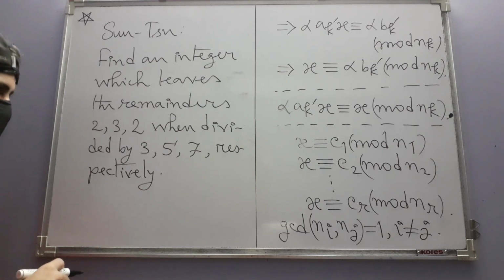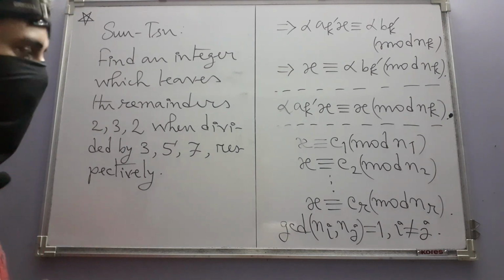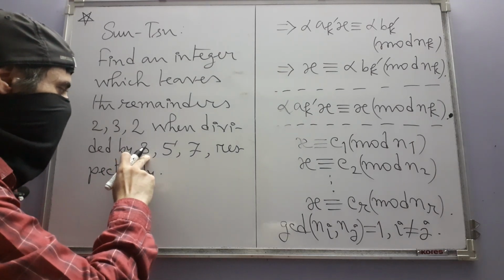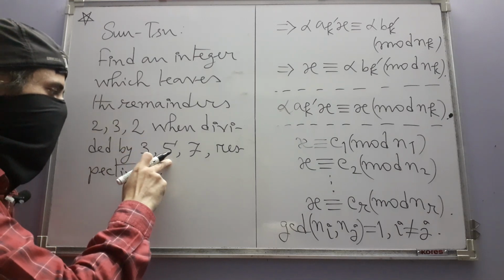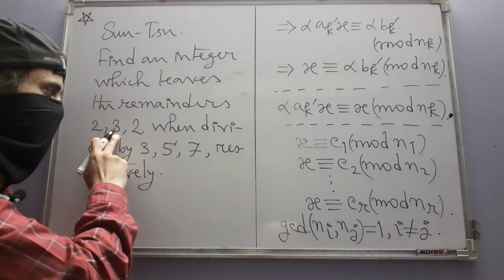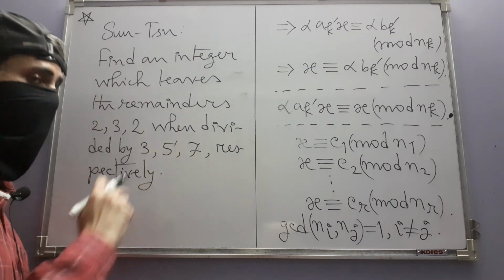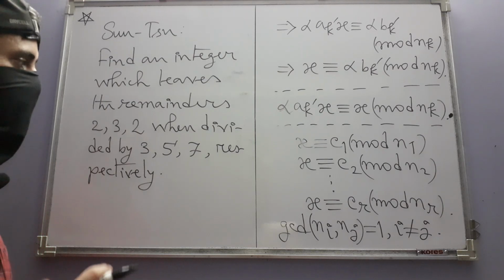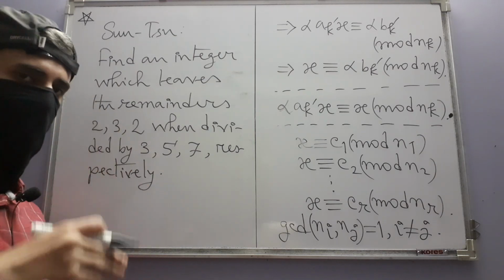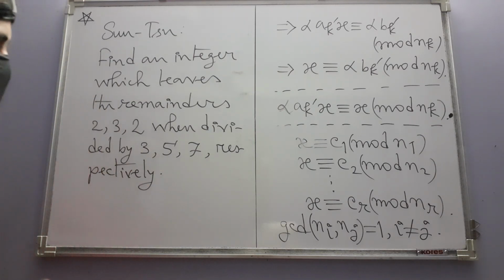That means we have to find an integer which when you divide by 3 leaves remainder 2, when divided by 5 leaves remainder 3, and when divided by 7 again leaves remainder 2. So such problems were considered so long ago, back then.